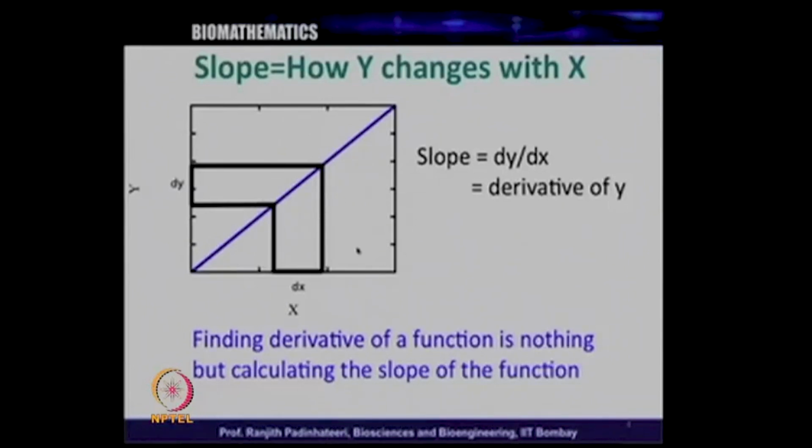Let us understand this a bit more carefully. We had some function, so let us plot it here. We had some function which was linear, and we wanted to get the derivative.